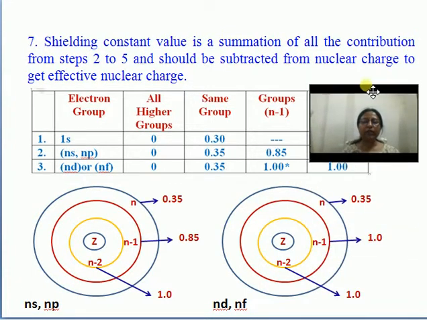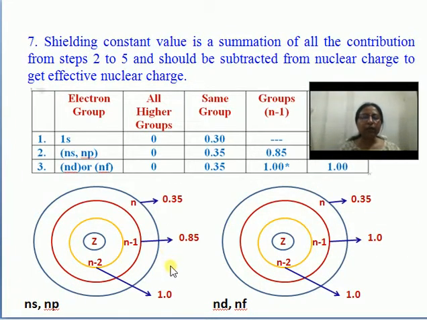So look at these pictures. I have done it for you so that you can remember it. You see, this is the nucleus, this is the nth shell, this is n-1, this is n-2. For ns np kind of electrons, for n the contribution will be 0.35, for n-1 shell electrons it will be 0.85, and for n-2 it will be 1.